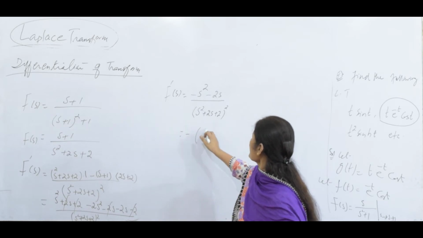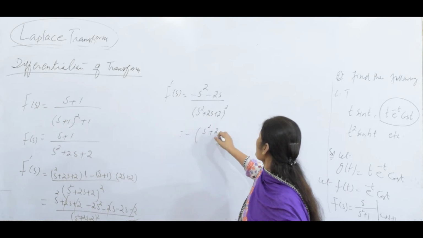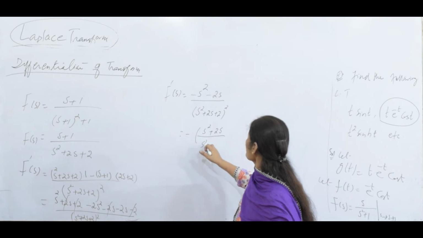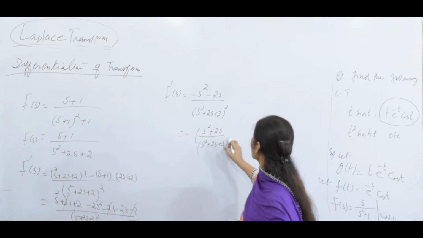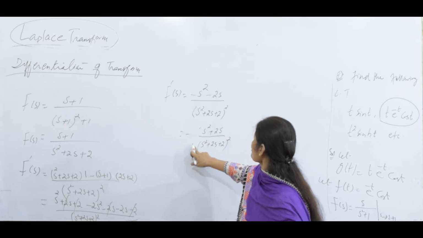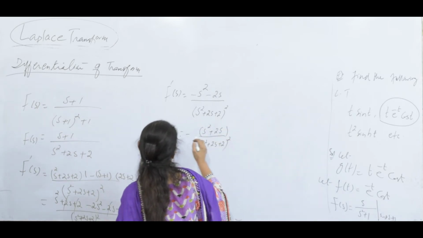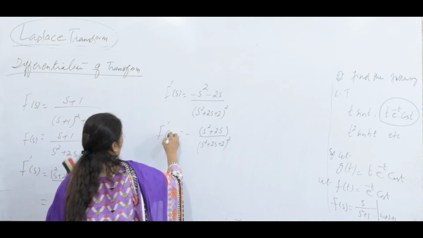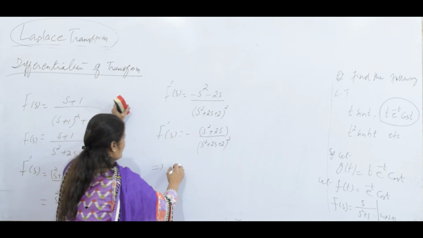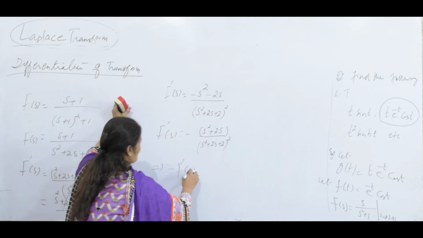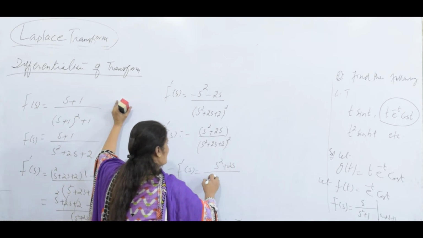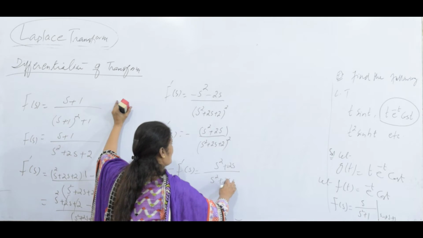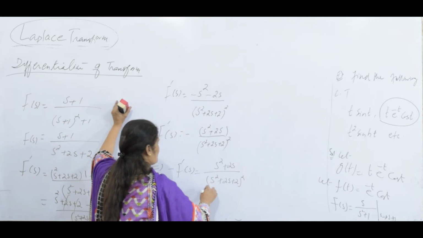Let me take a minus common: s square plus 2s over s square plus 2s plus 2 whole square. So this is going to be F dash s. So minus F dash s is equal to s square plus 2s over s square plus 2s plus 2 whole square.